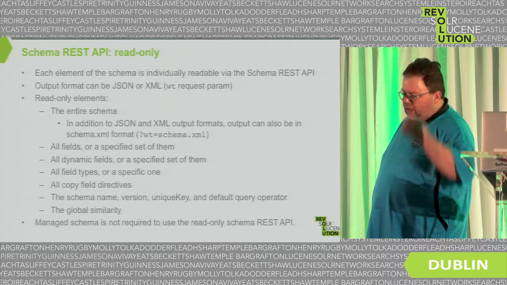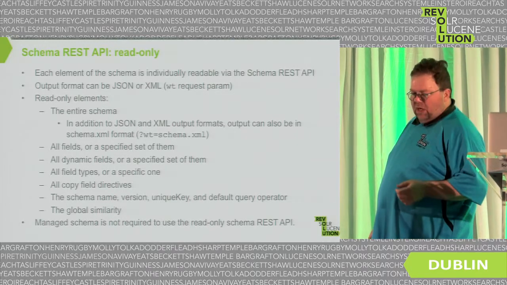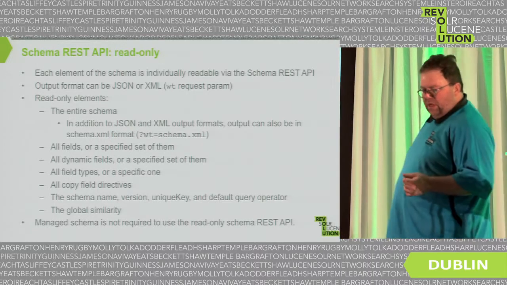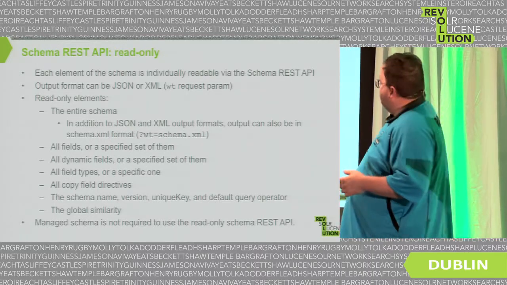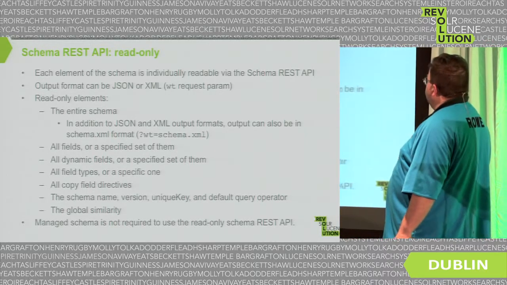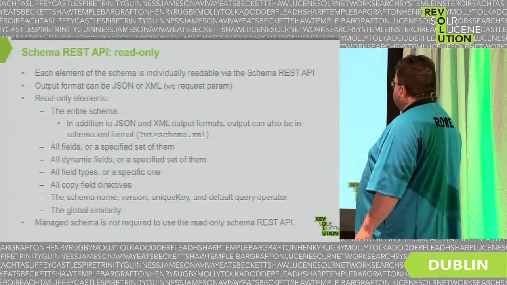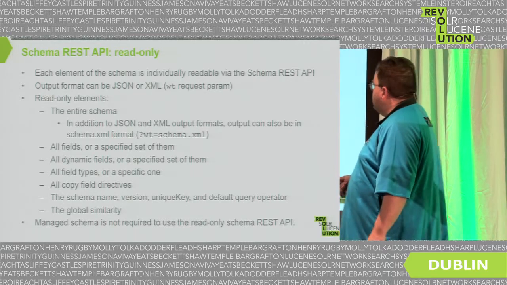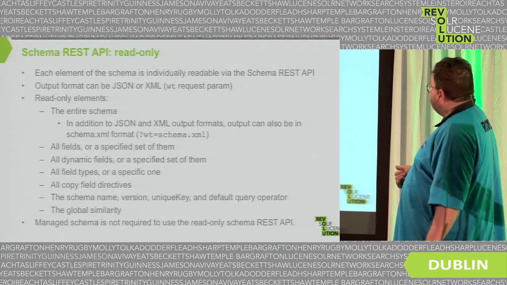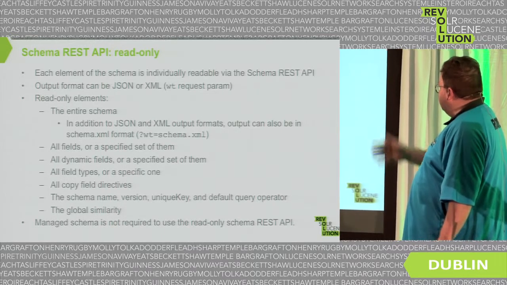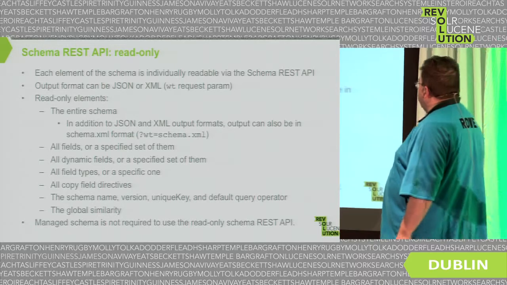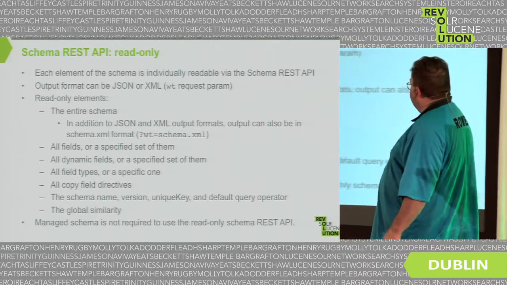The read-only aspects of the Schema REST API support output format of either JSON or XML, and you can specify that as the wt request param. The default output format is JSON. And you can get the entire schema.